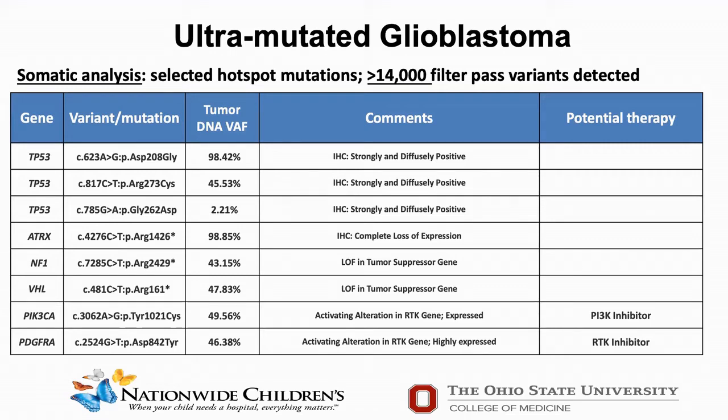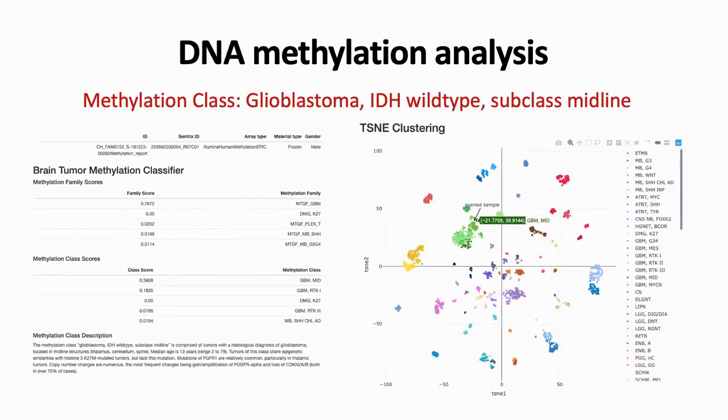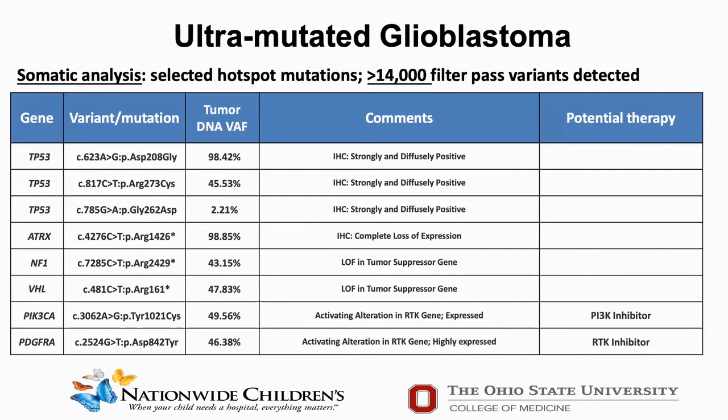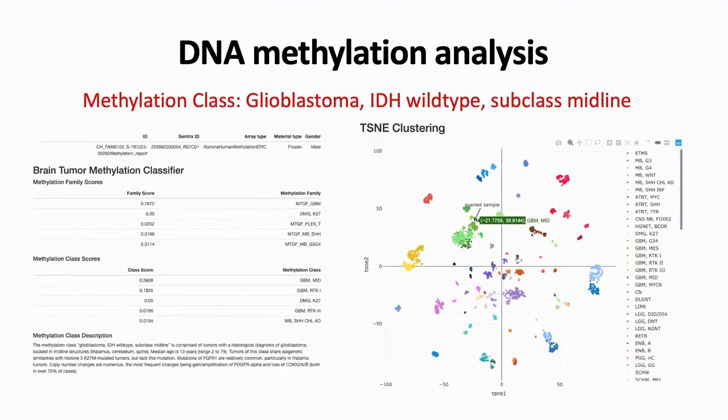We did pass this patient sample forward to OSU, to the adult hospital, to verify that the PMS2 variants had indeed eliminated the expression of PMS2 protein in this patient's tumor. So this is now a patient who will qualify for immune checkpoint blockade.